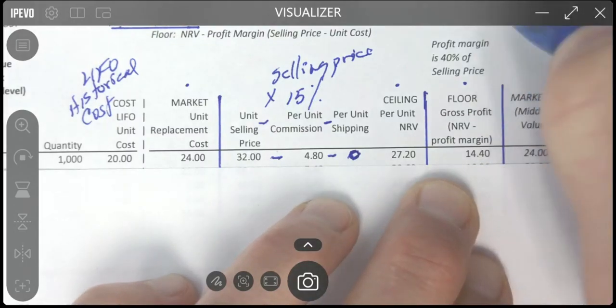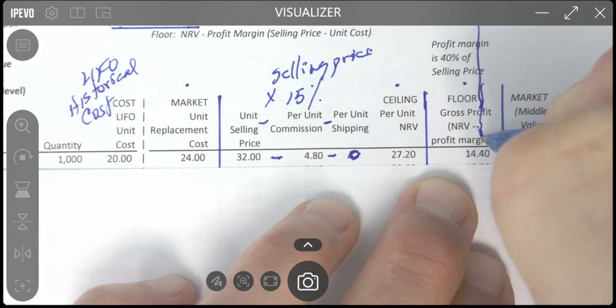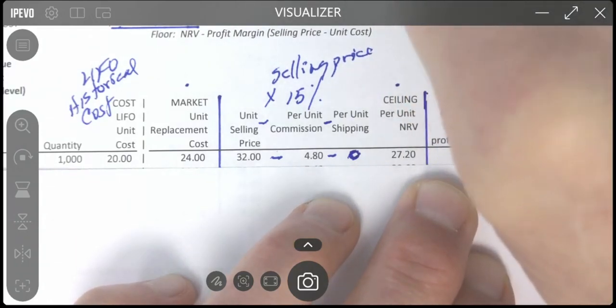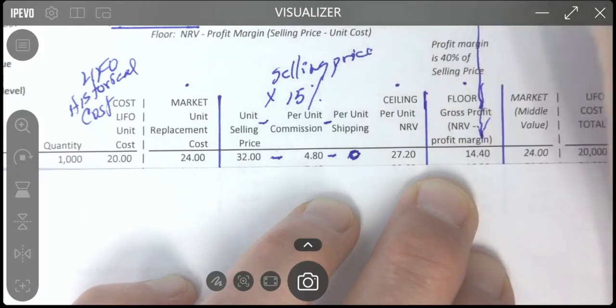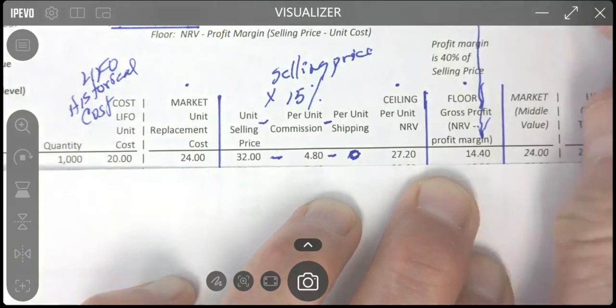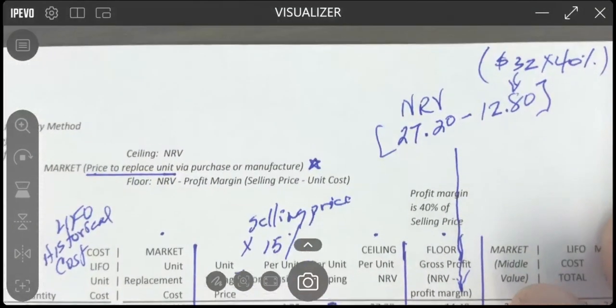That, my friends, is 27.20 net realizable value minus 12.80, which is the $32 selling price times 40%. Because remember, the profit margin is 40%. Sorry.